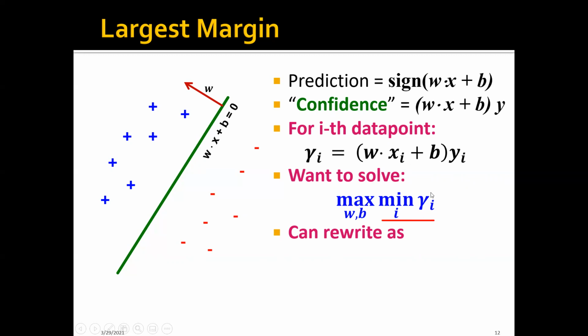You can see that this minimization is trying to find the smallest gamma i, so that's basically finding the data point that is closest to the decision boundary. And we're trying to maximize this, meaning that we're trying to find a model represented by W and B that can maximize this margin. So basically, we can rewrite this optimization problem as this one.